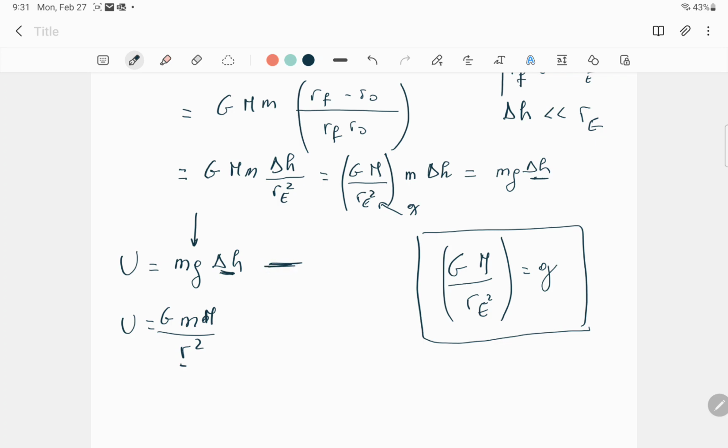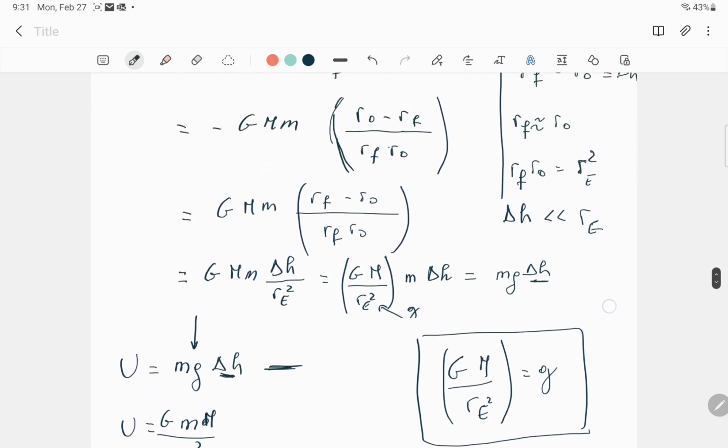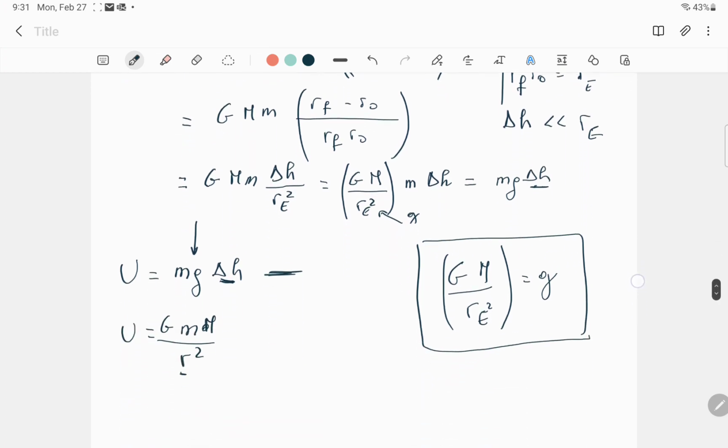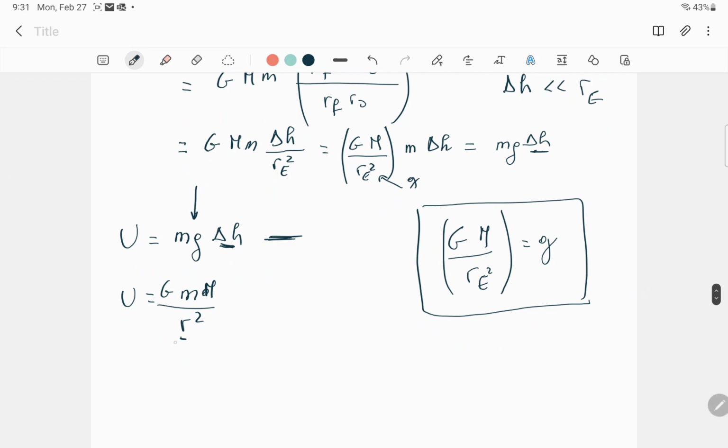But if instead you're dealing with distances that are comparable, and you cannot just do this, then this shortcut is not valid anymore. So at that point, you have to consider your total equation with a real distance between the two masses.